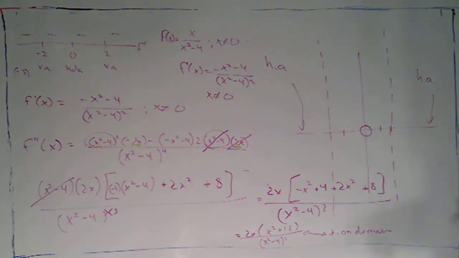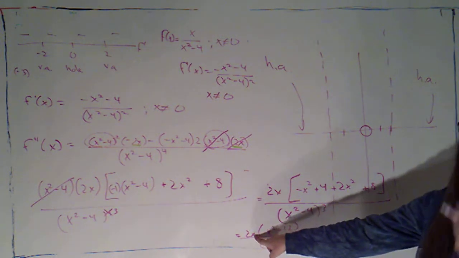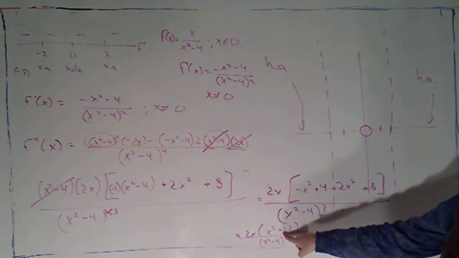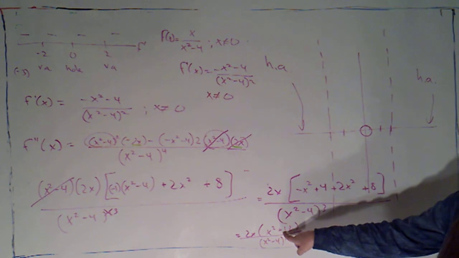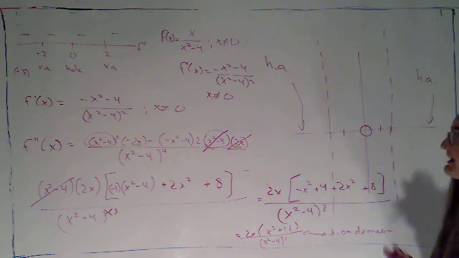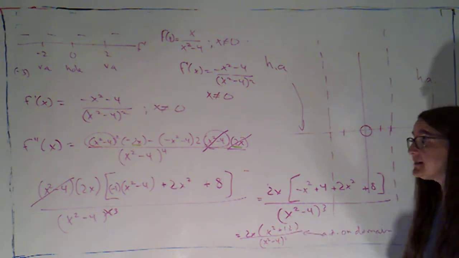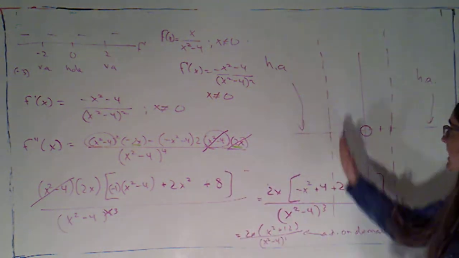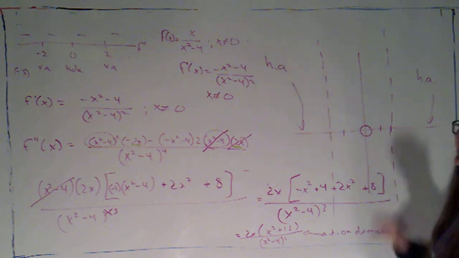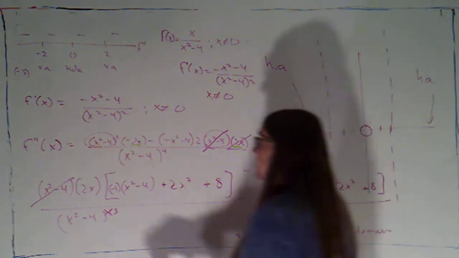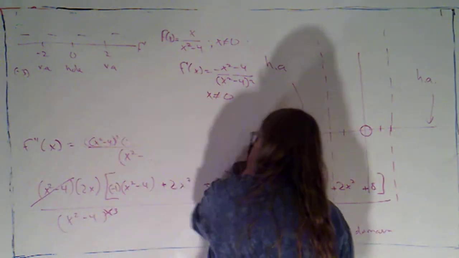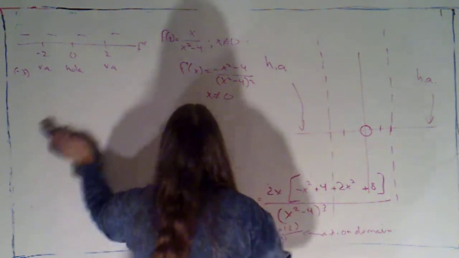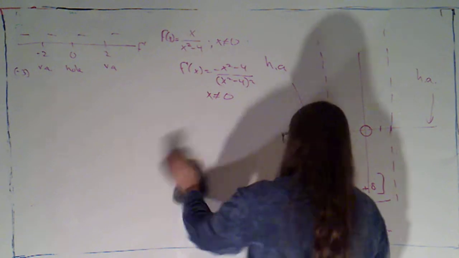And the only way it could be 0 would be if x is 0, which is not in the domain, okay? Or if x squared plus 12 is 0, which it isn't. So I don't get any new points where this is 0. But just like with the first derivative, it's entirely possible for the concavity to change as we cross to the other side of an asymptote, or as we pass through the location of that hole.